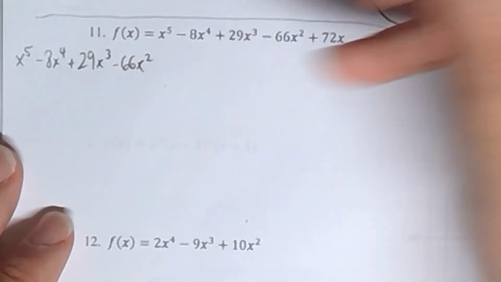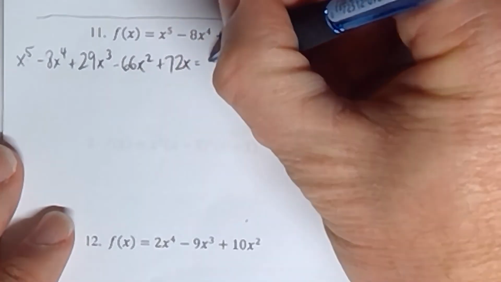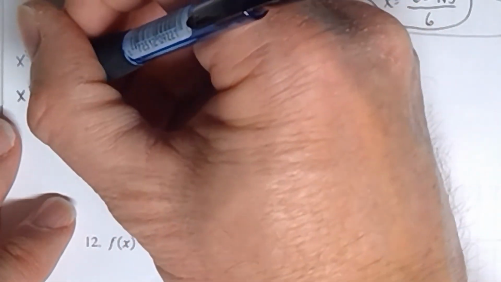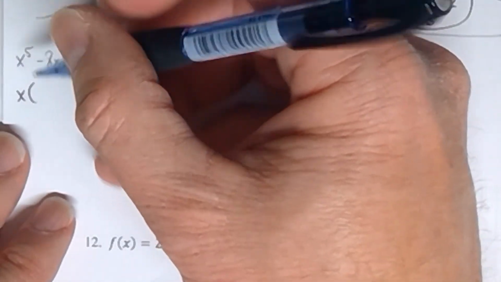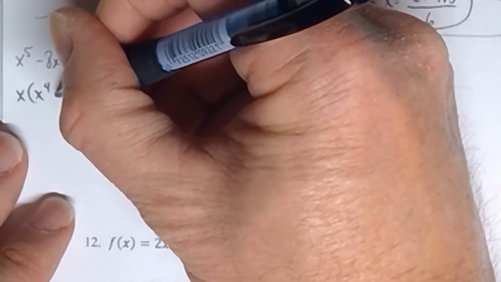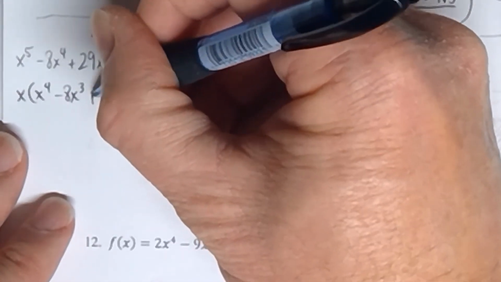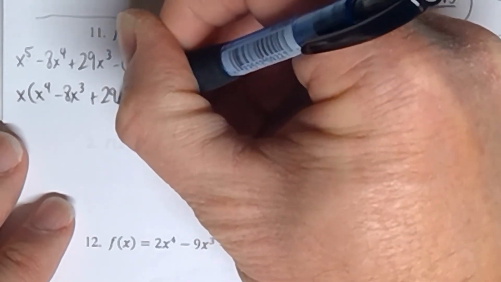After I set it equal to 0, just like in the last problem, and just like the directions tell me on the previous sheet, I'm going to factor out the GCF. Once again, we do have one. It is equal to x once again. It won't always be equal to x, but it just so happens that it has been in the last couple of problems.